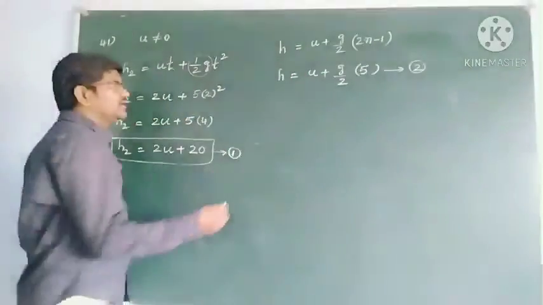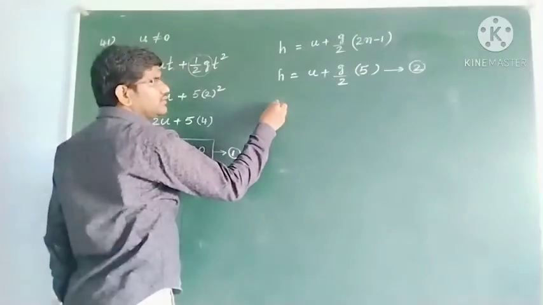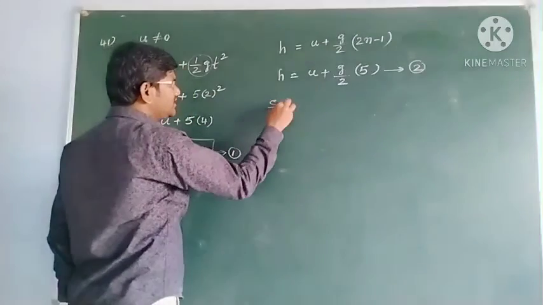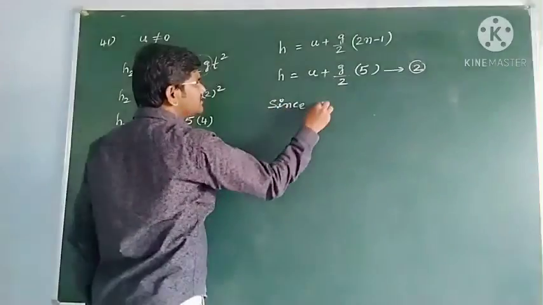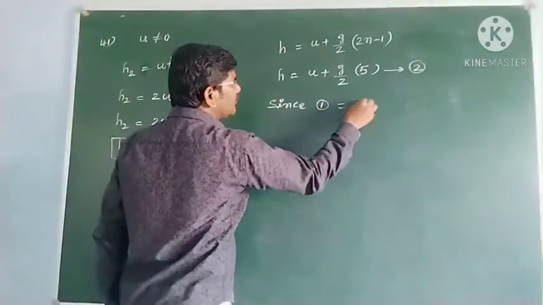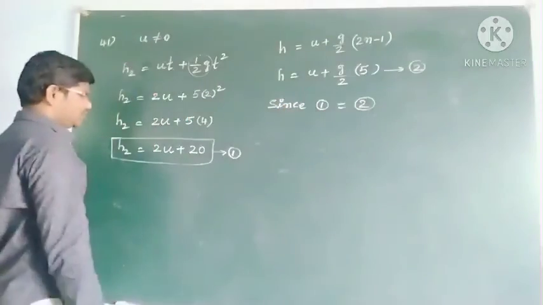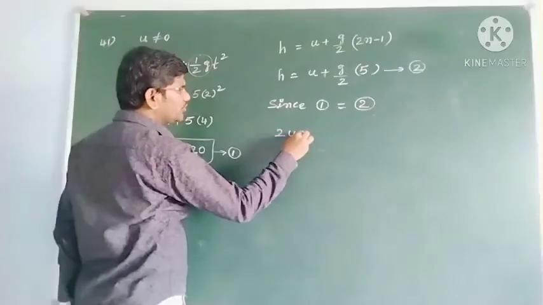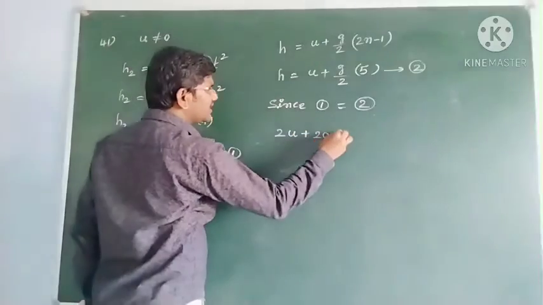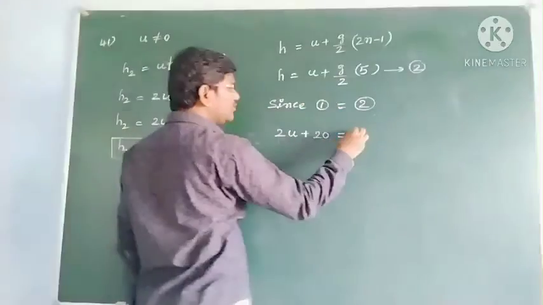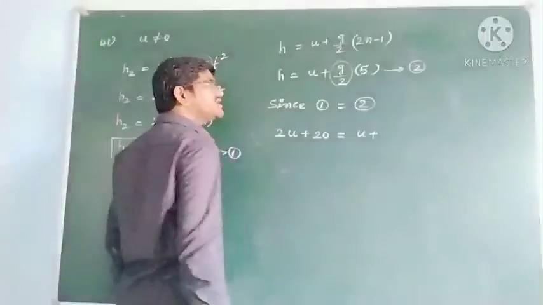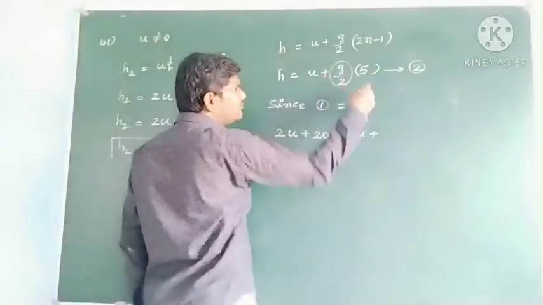According to the condition, 1 and 2 are equal. Since 1 is equal to 2, 2u plus 20 is equal to, what will I get here? u plus g by 2, its value is 5, 5 into 5, 25.